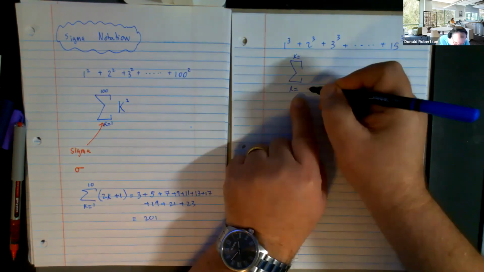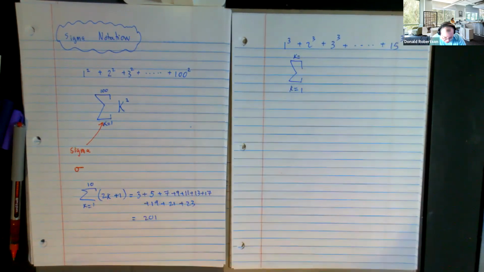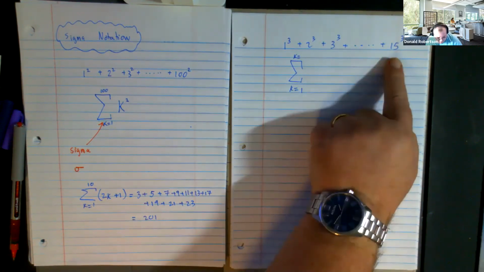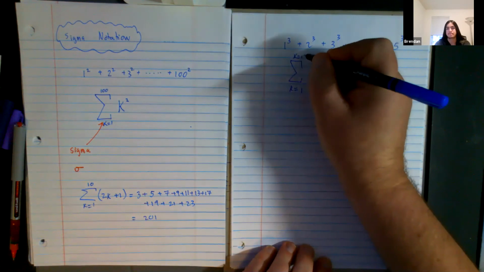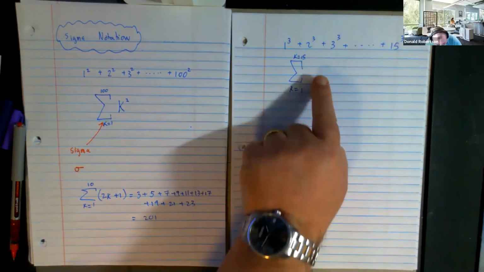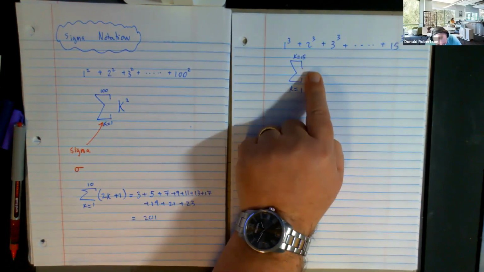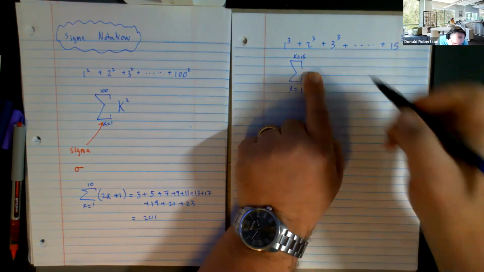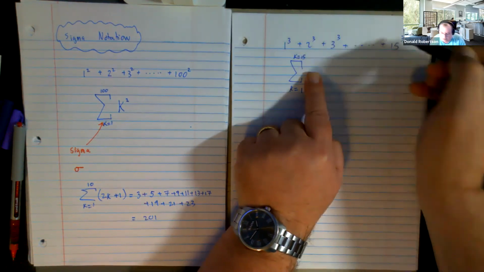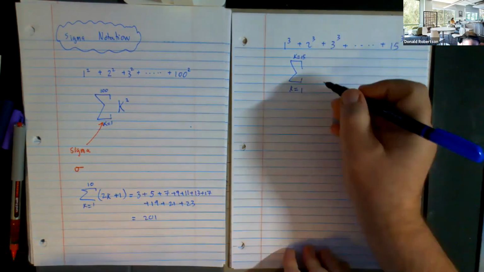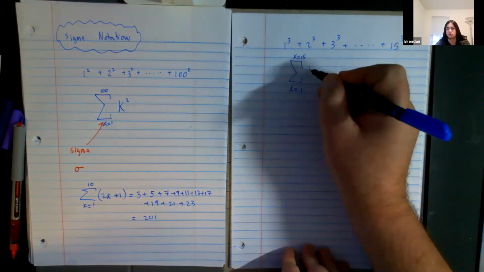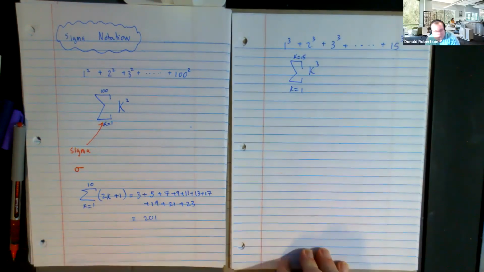Great. In this particular example, what should we finish with? K equals 15. Now, the only thing that you need to fit in here is what expression using K would generate these calculations? K cubed. And we've just answered the homework question.